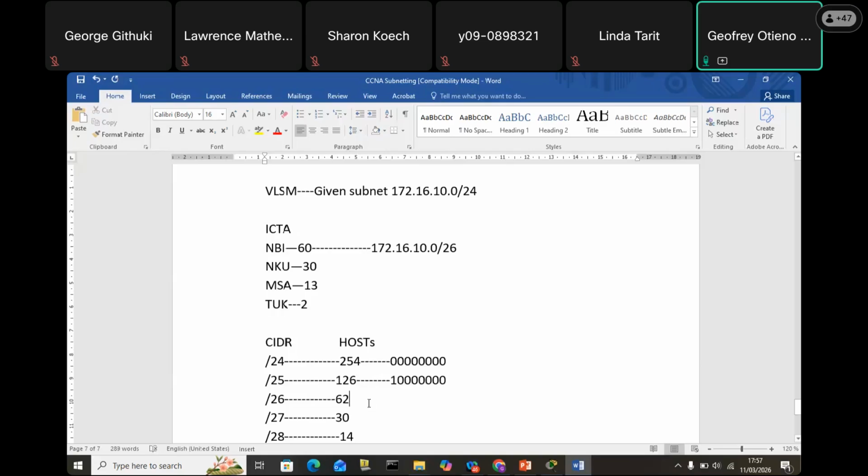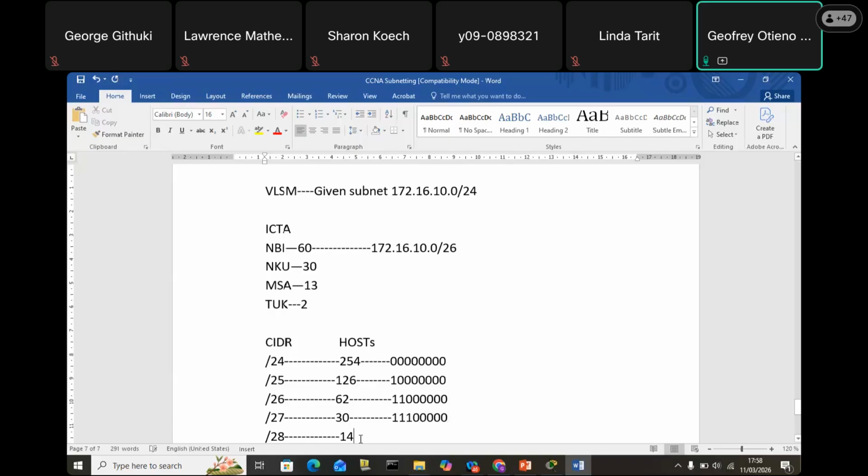Then here, it is 2 bits borrowed. Then 1, 2, 3, 4, 5, 6. Okay. Then here 3 bits borrowed. So it is 1, 2, 3. Then 1, 2, 3, 4, 5.